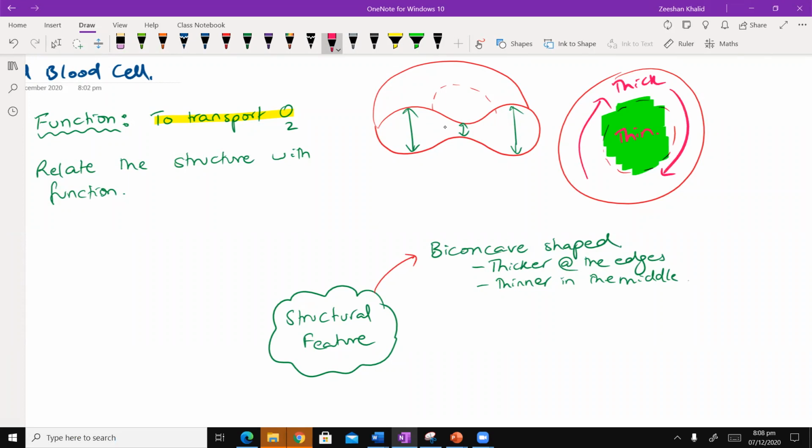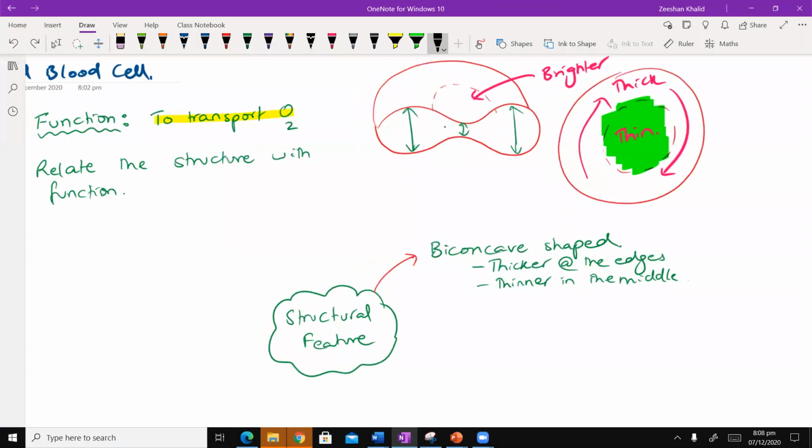As a side note, that's one of the reasons that if you look at a real photomicrograph, the middle portion would actually appear brighter. The reason is that light tends to pass through this thin region and not that easily through the thick region. Anyhow, that's one structural feature.